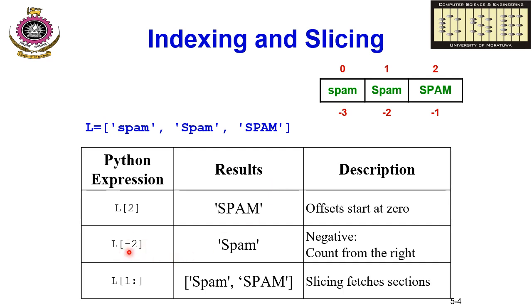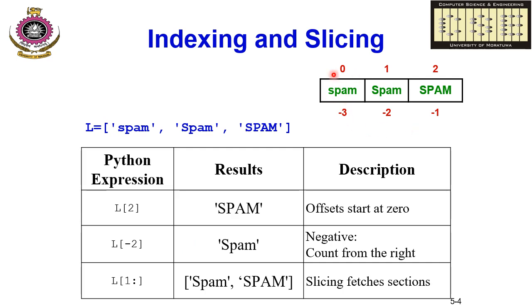And notice that you can also use negative numbers to access items in the list. In that case, we are counting from the last item, or the right. So -1 is the last item, -2 is the one behind it, and -3 is the one behind that. So you can use negative numbers to access the items in a list, starting from the last item.